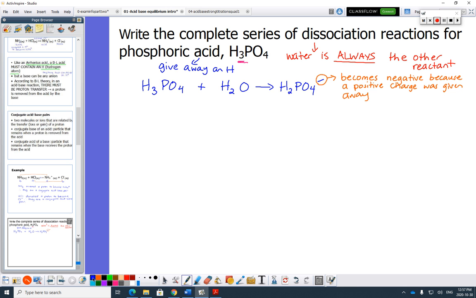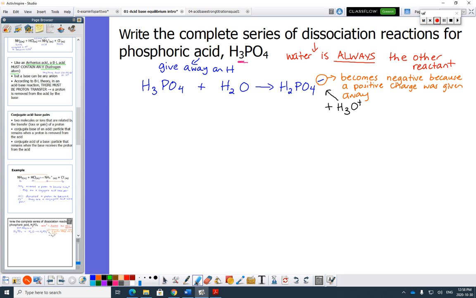And now what happens to the water? There was this special ion, and once they could discover that this ion was formed in water, they had to expand their definition to proton transfer. The other product is H3O+.